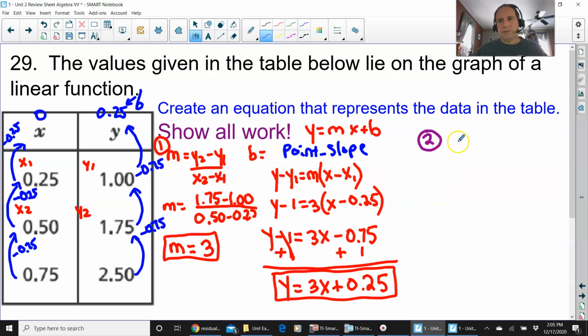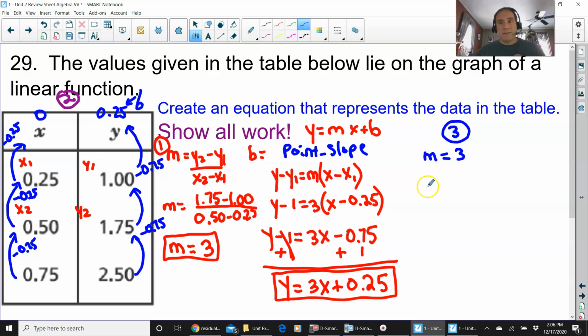Say you use the slope formula and you get the slope is 3, just like you did right here. This would be the second method, and this would actually be the third method. So you use the slope formula, and the slope is 3.